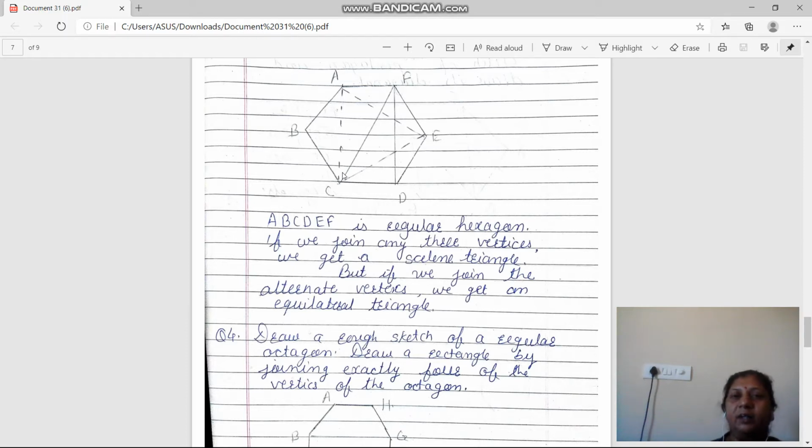It is an equilateral triangle. Have you understood these things? We have drawn the hexagon, which is regular, and when we join any vertices, we get a scalene triangle. But when we join the alternate vertices, we get an equilateral triangle. Got it? So next, question 4.